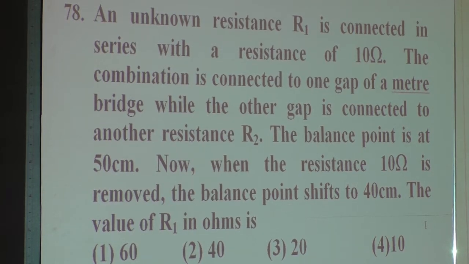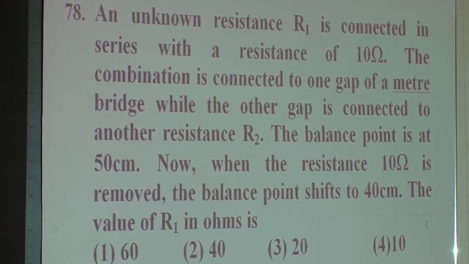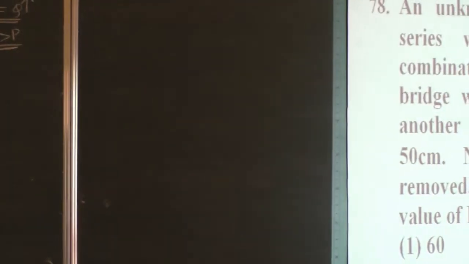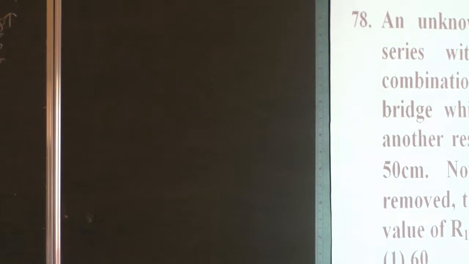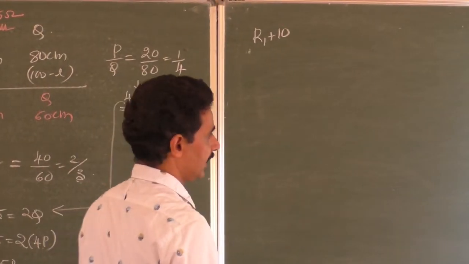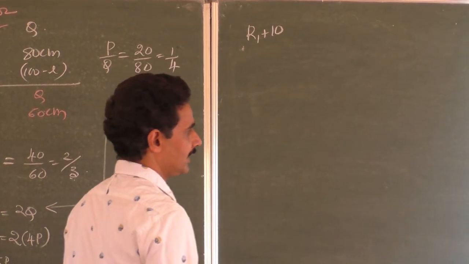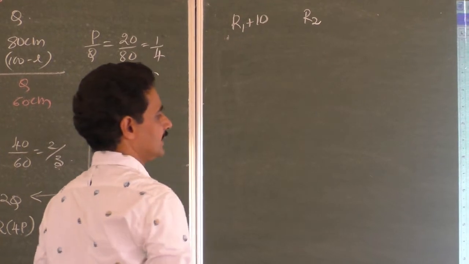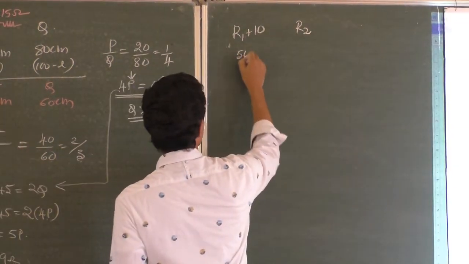An unknown resistance R1 is connected in series with 10. So what do you have on the left hand side? R1 plus 10. The combination is in one gap, say left gap, while the other gap is connected to resistance R2. Now the balancing length is 50.